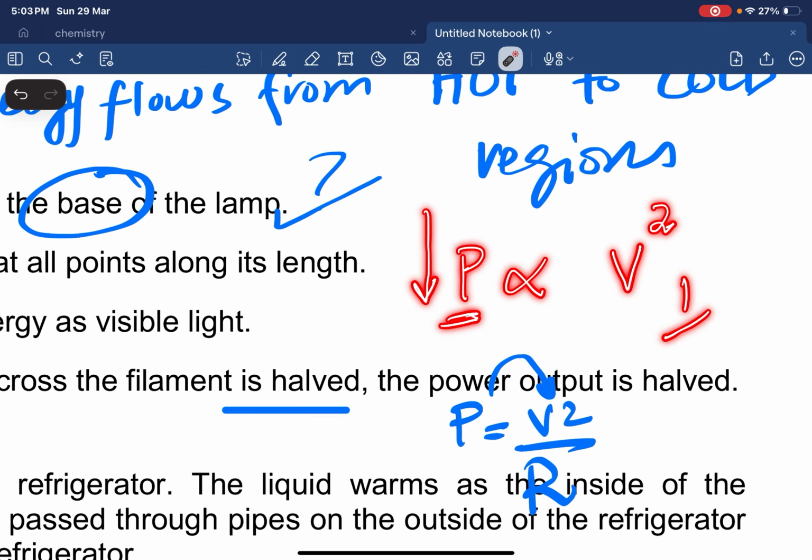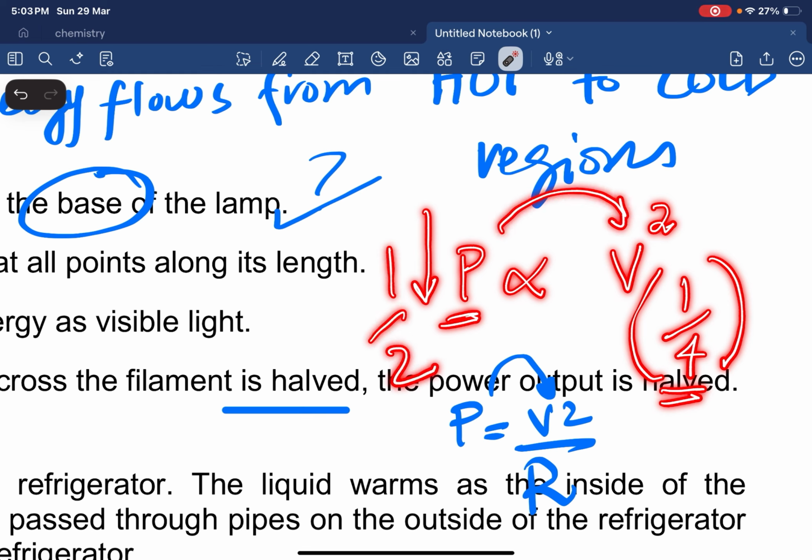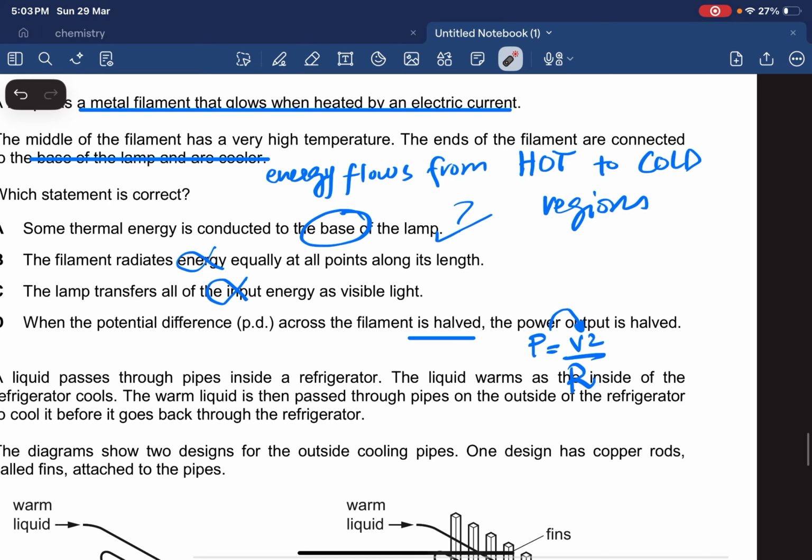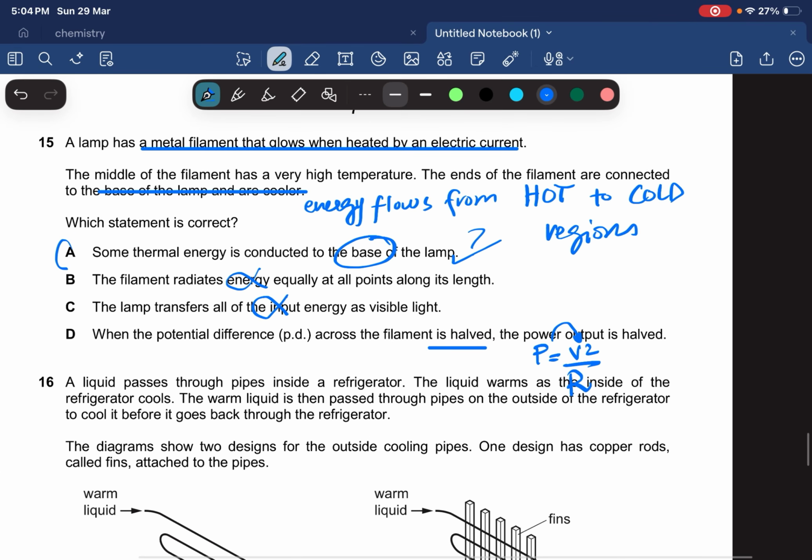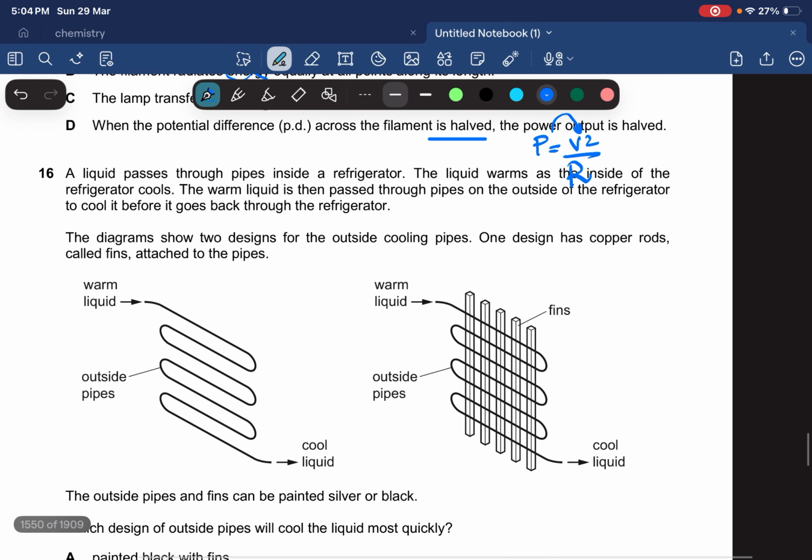It's going to decrease by a factor of 1 upon 4, because P is not directly proportional to V, but to the square of V. V is the potential difference. So if the power output is half, the potential difference is going to decrease by 1 by 4. Got it? No direct and inverse relation.